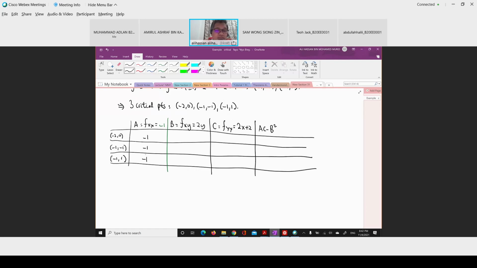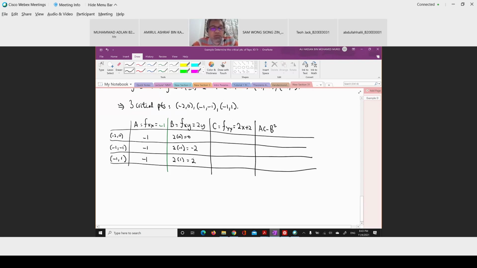For the first critical point, y is 0, so B is 0. For the second critical point, y is minus 1, so B is minus 2. For the third critical point, y is equal to 1, so we have 2 times 1 equal to 2.